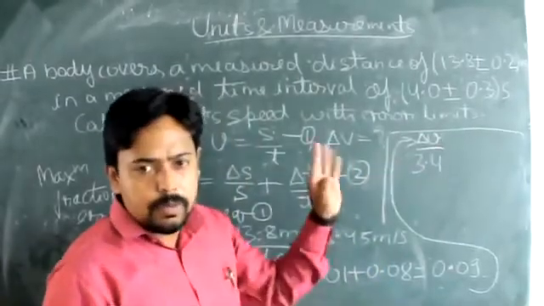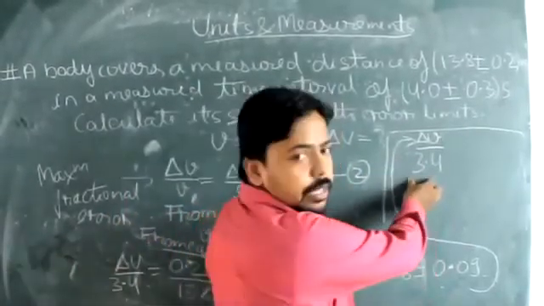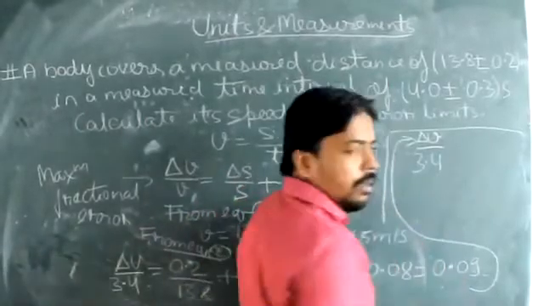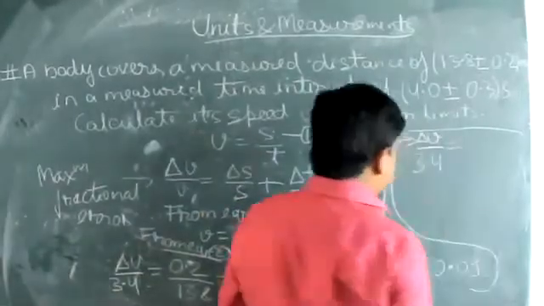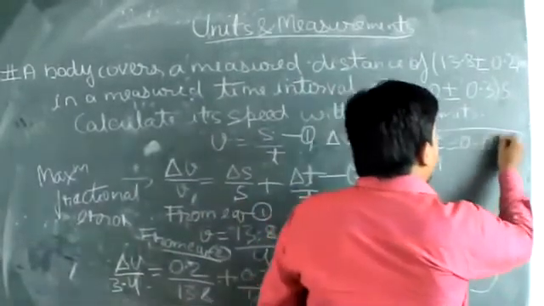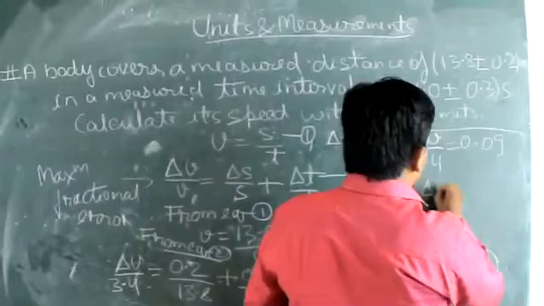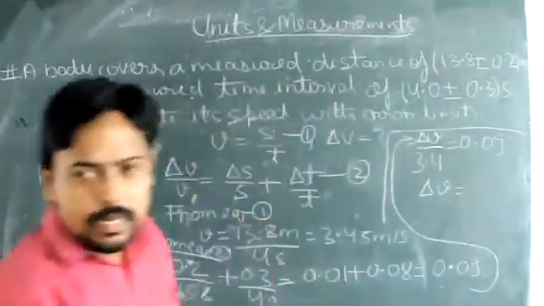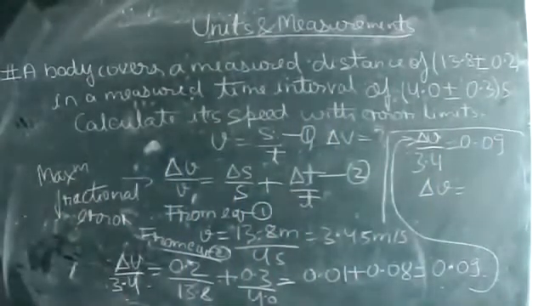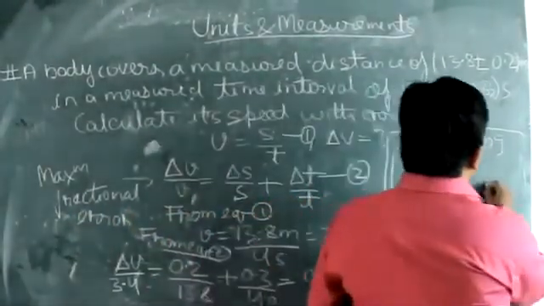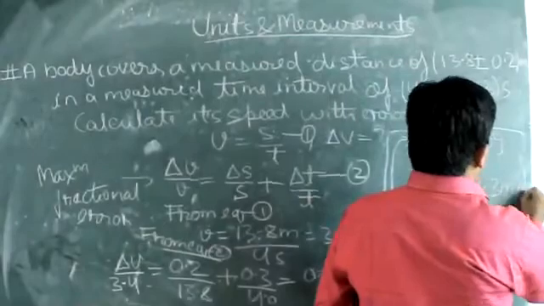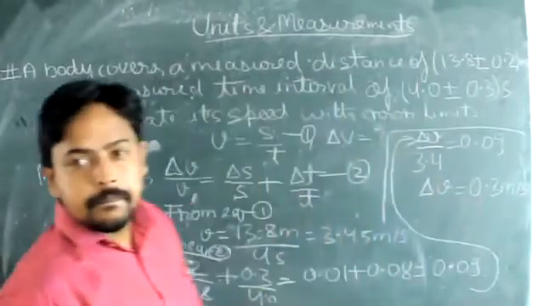There will be not much variation. Either you take 3.4 or you can take 3.45 also. Let it be. So it will be multiplied with this, and delta V here comes out to be 0.3 meter per second. This is the answer that should come.